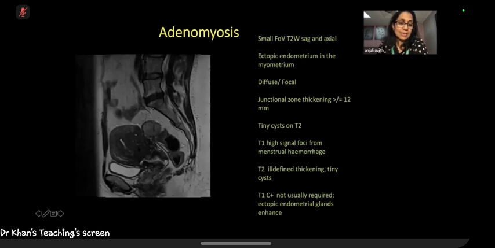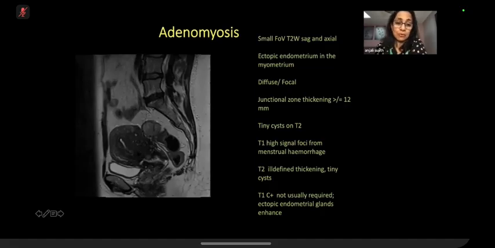So in our case, we can see diffuse thickening of the junctional zone, which is more in the posterior myometrium. We can see tiny cystic signals within the thickened junctional zone. These are enlarged endometrial glands. And this is the picture of adenomyosis.